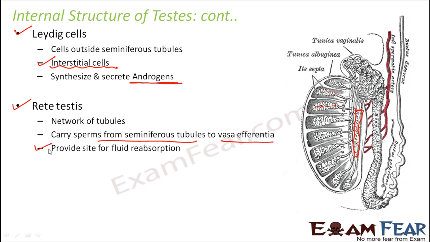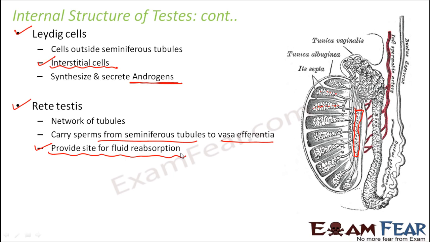And what happens in rete testis? It is a site for fluid absorption. So more and more fluid gets reabsorbed. What will be the result of that? The sperm will get more concentrated. Now, had the rete testis not been there, then what would have happened? In that case, the sperms would not have been that concentrated.